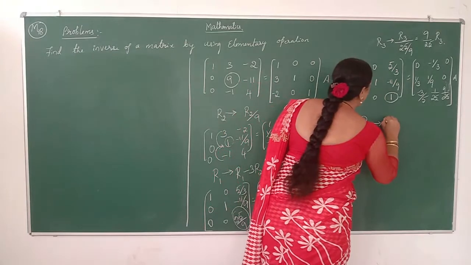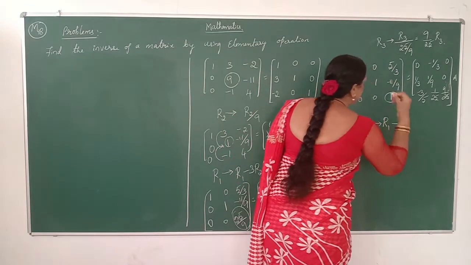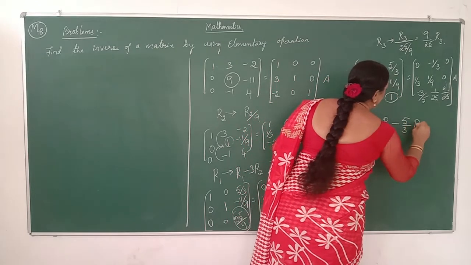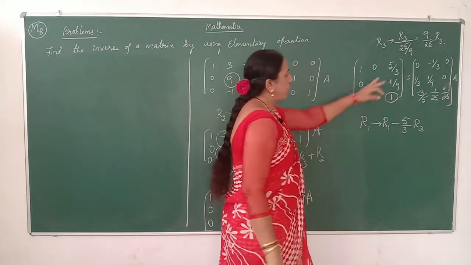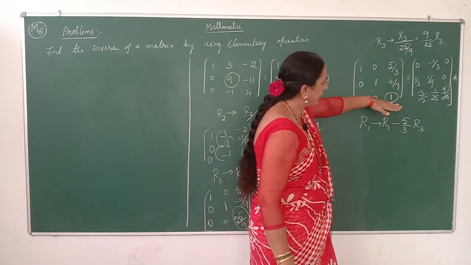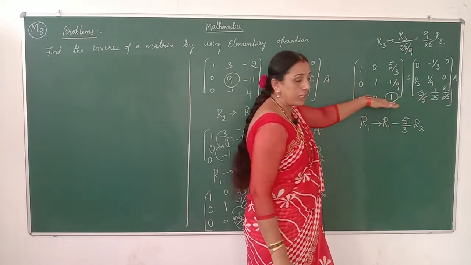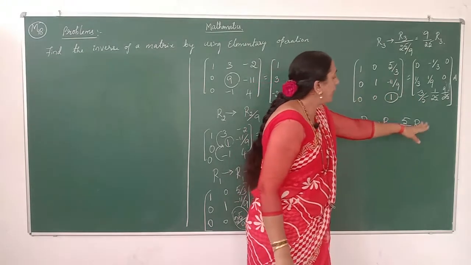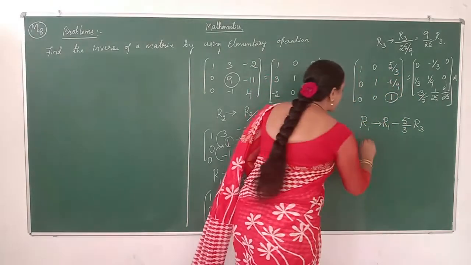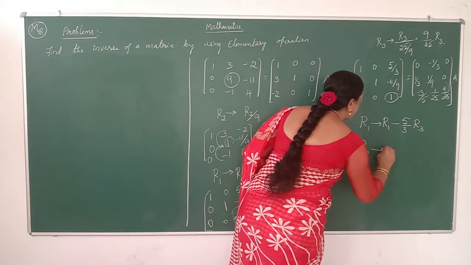Therefore R1 changes to R1 minus 5 divided by 3 times R3. It means 5 by 3 is multiplied in all the elements of R3 and subtracted from the corresponding elements of R1.